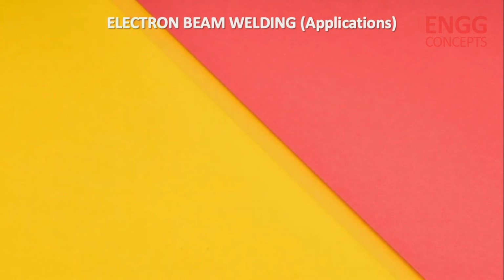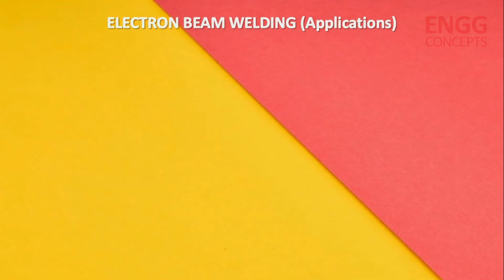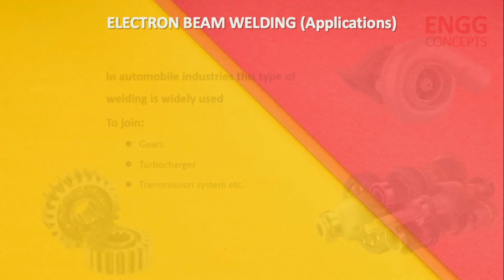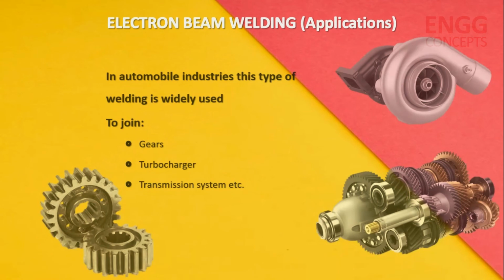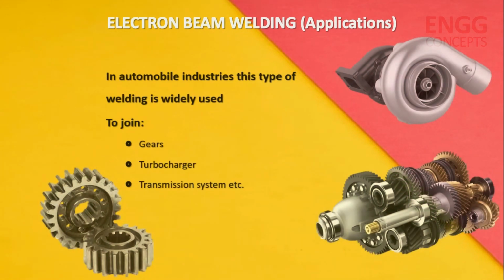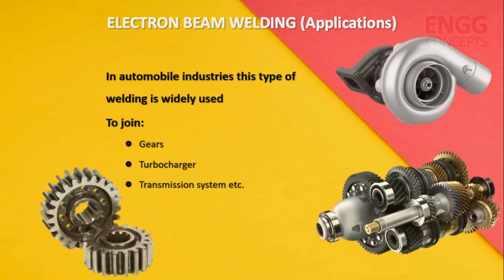In automobile industries, this type of welding is widely used to join gears, turbochargers, transmission systems, etc. Transmission assemblies are frequently fabricated by electron beam welding. Complex parts can be fabricated economically, at low cost.